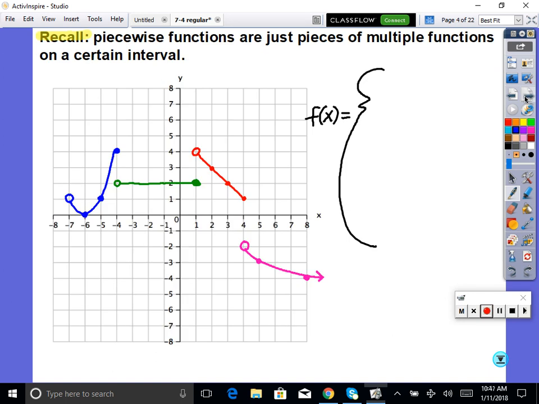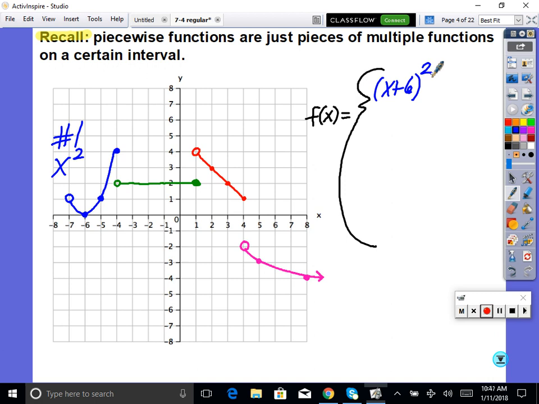This is the last lesson we learned. Given a piecewise function, pieces of different functions, write the equation, working backwards. In this one, we have 4 different functions. Number 1, what kind of function is it? A quadratic that's been shifted left 6. So we would go up here and say, we have x plus 6 squared, don't we?